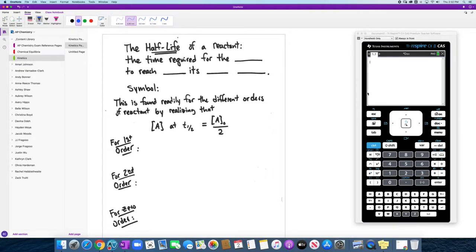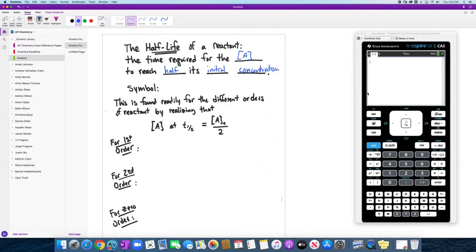In this video, I'm going to teach you about the half-life of a reactant. The half-life of a reactant is the time required for the concentration of, let's say, A to reach half its initial concentration.